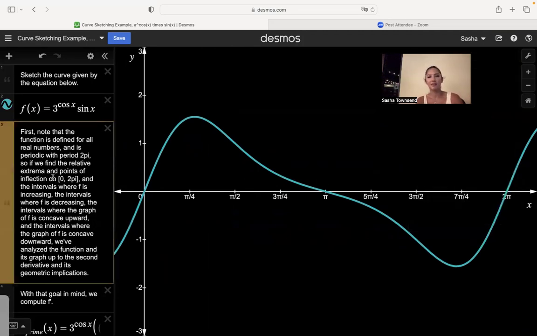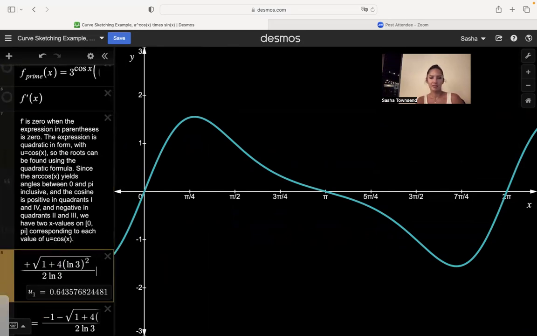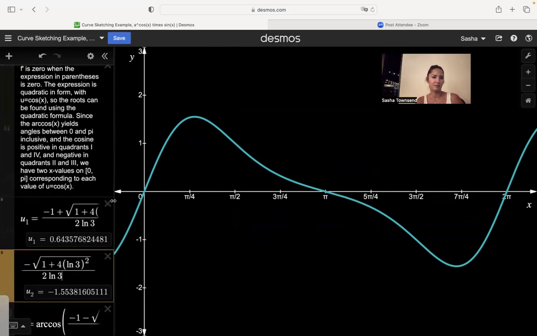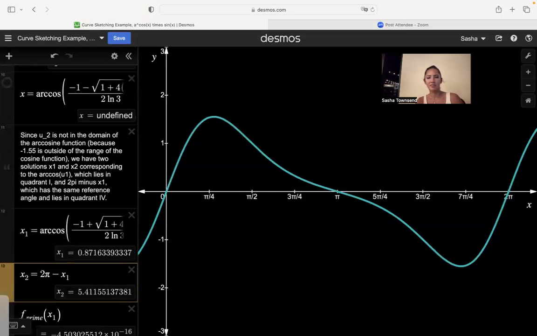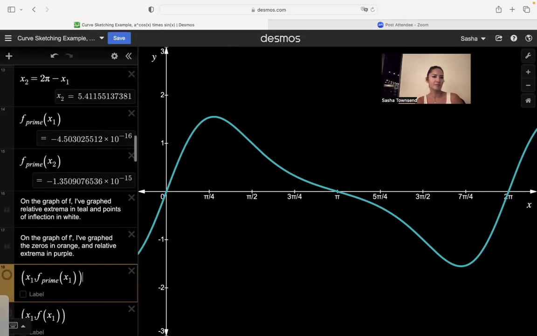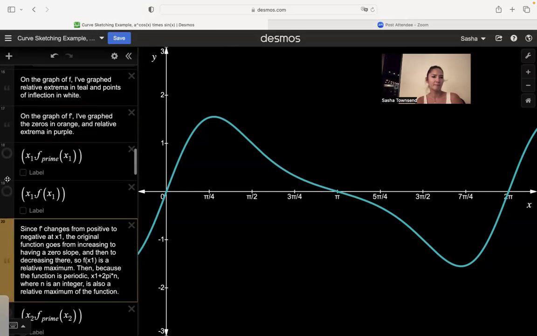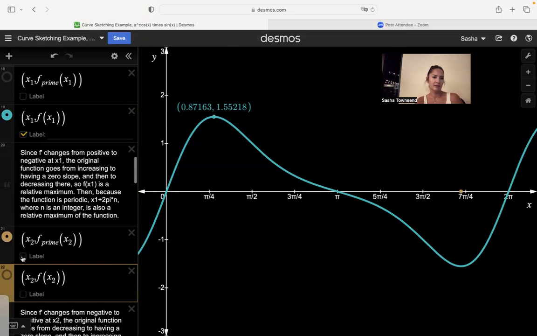And now I'm going to plot the relative extrema and the points of inflection. So we know our relative extrema correspond to zeros of the first derivative. And so the first derivative is 0 at that x value, and that x value.